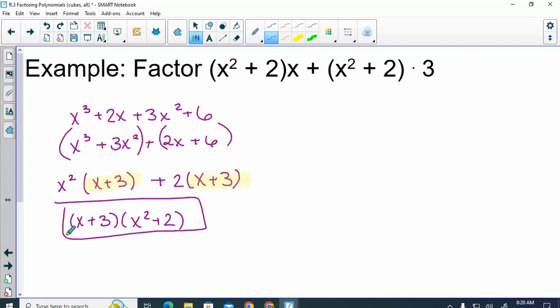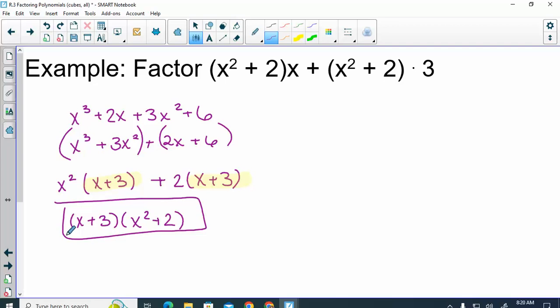Can anybody think of another way we might have done that problem? You could do a u, and that would work. Yep.